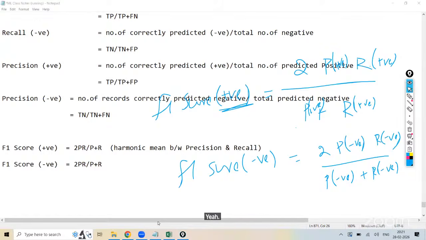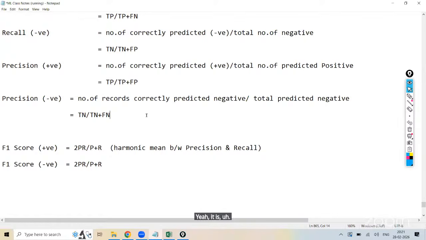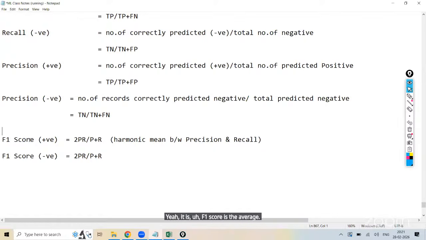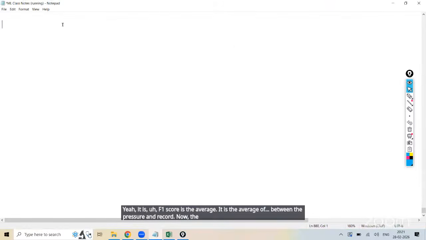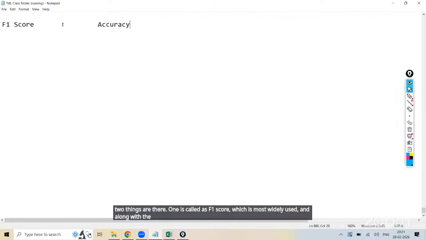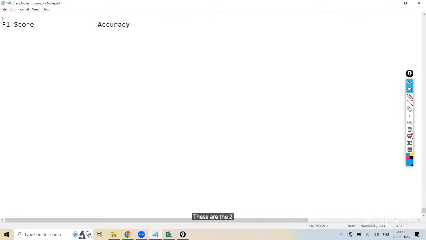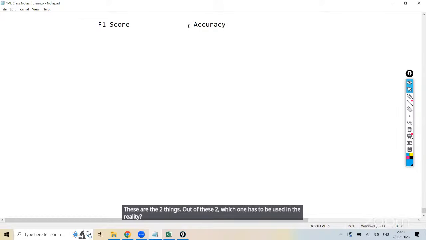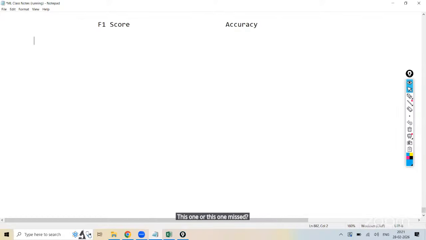F1 score is the average between the precision and recall. Now the question comes like this. Two things are there: one is the F1 score, which is most widely used, and the other is accuracy. Out of these two, which one has to be used in reality?